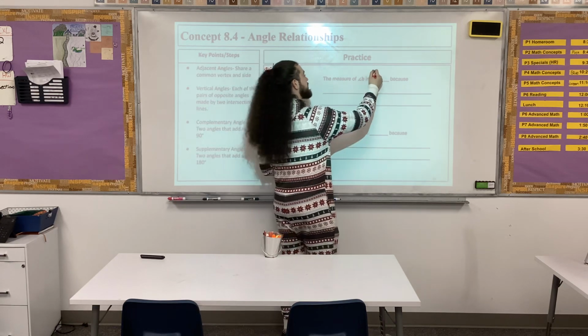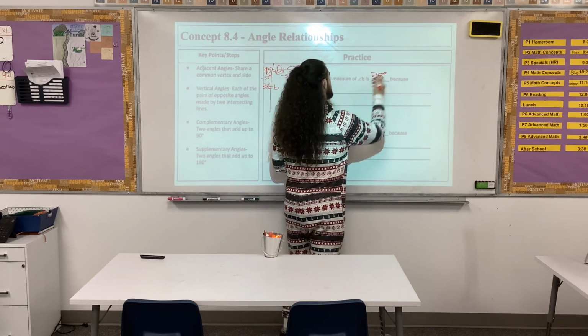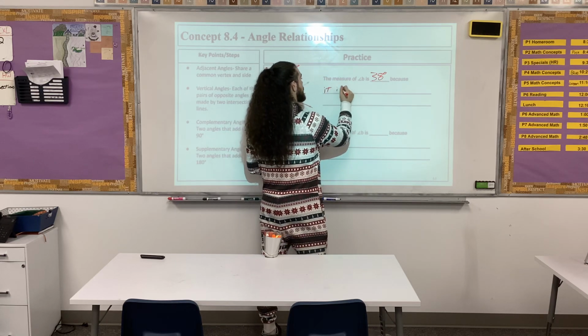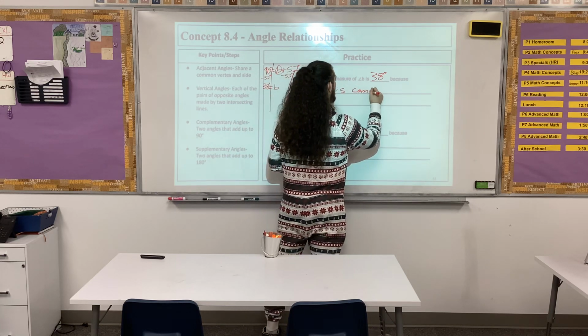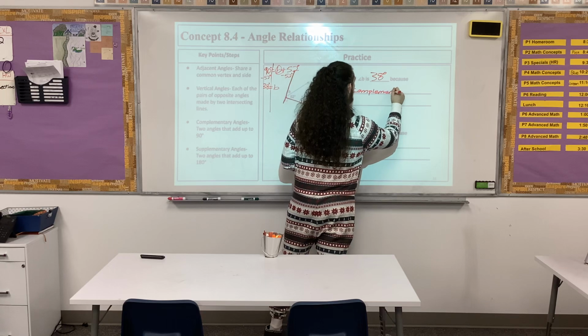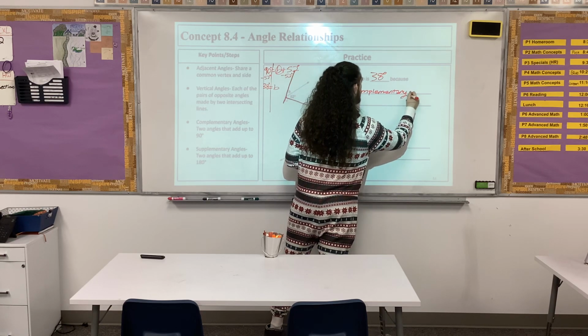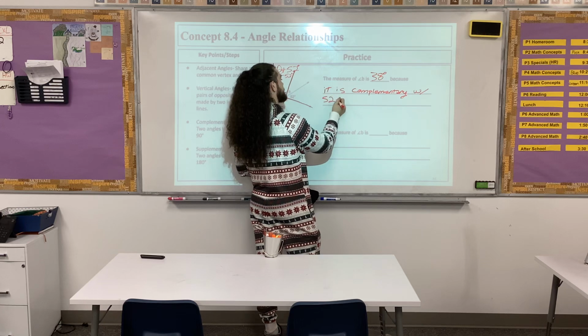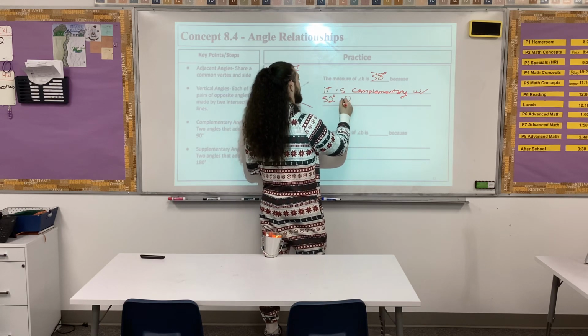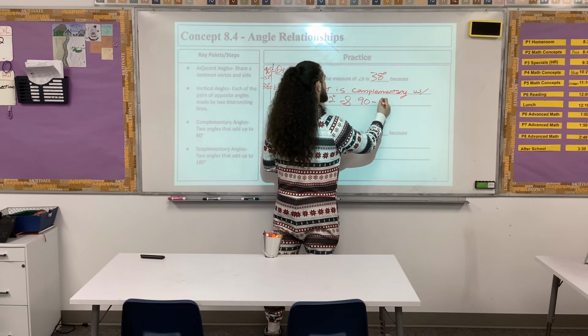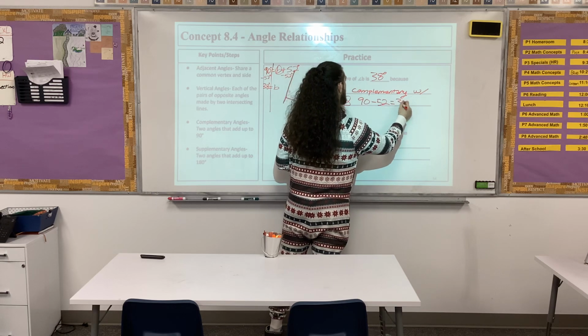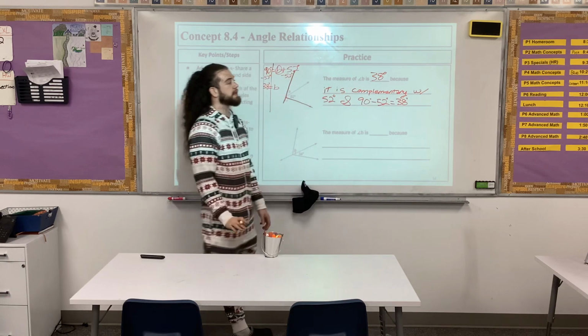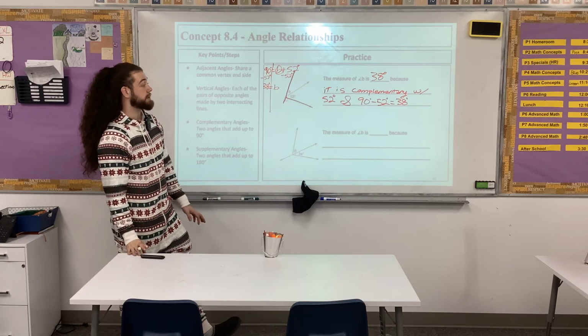The measure of angle B is 38 degrees because it is complementary with 52 degrees. And 90 degrees minus 52 degrees equals 38 degrees.